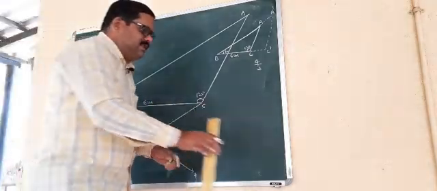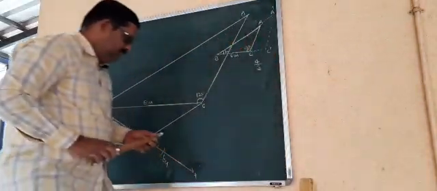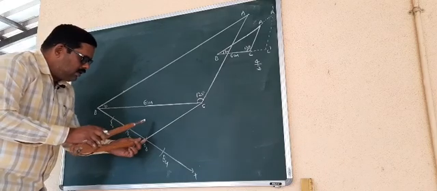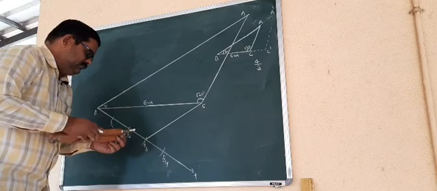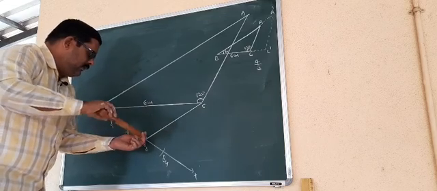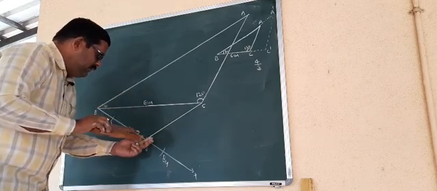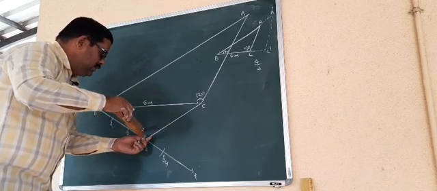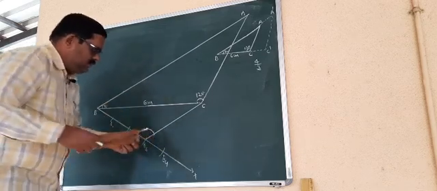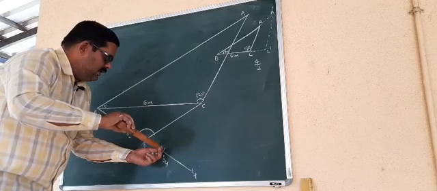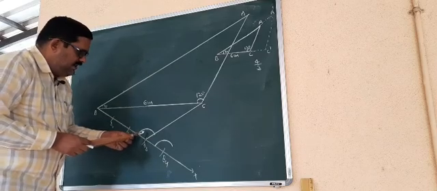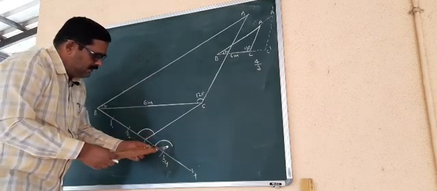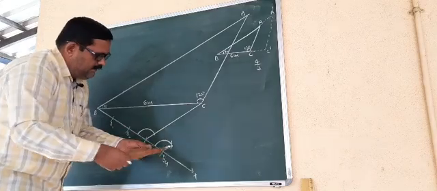For this purpose, we have to draw an arc here with your choice. So draw an arc with the same radius, take this length and cut the first arc.